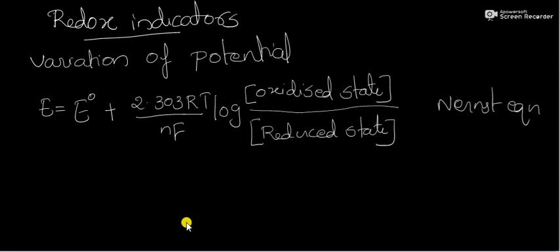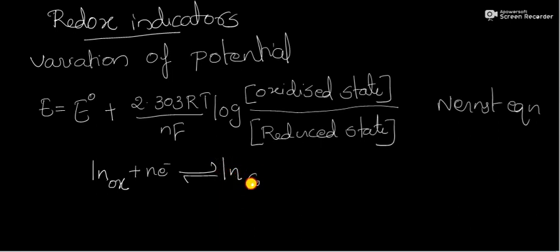A redox indicator is a compound which exhibits different colors in the oxidized and reduced forms. So, a typical redox indicator can be written as In(ox), that is the oxidized form of indicator, plus n electrons gives In(red), the reduced form.